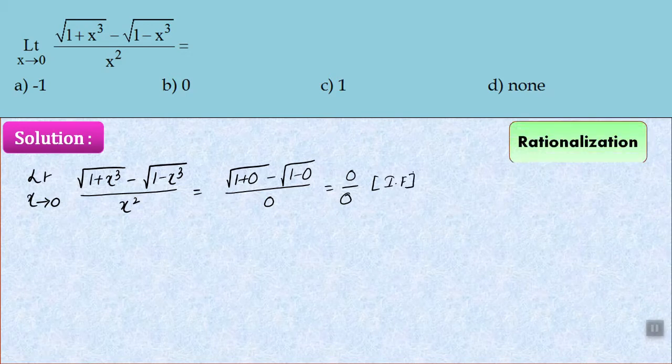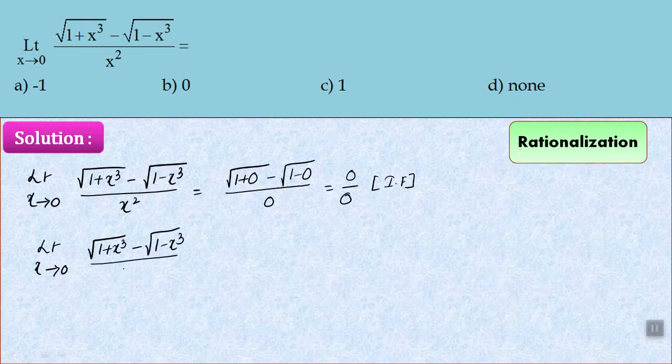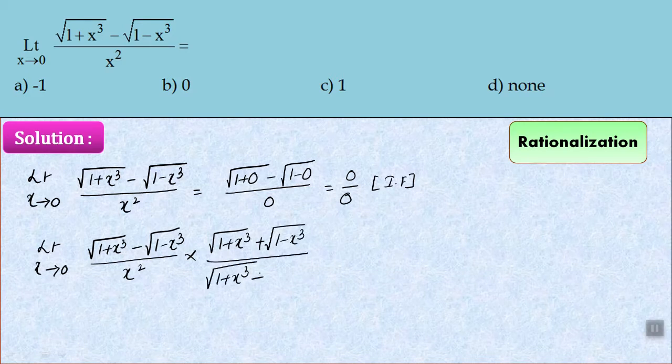By using the method of rationalization for solving this, limit x tends to 0, square root of 1 plus x cube minus square root of 1 minus x cube, divided by x square. Here rationalize this with root of 1 plus x cube plus square root of 1 minus x cube, divided by square root of 1 plus x cube plus square root of 1 minus x cube.